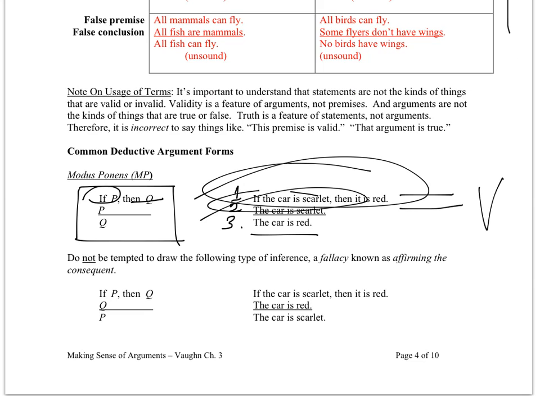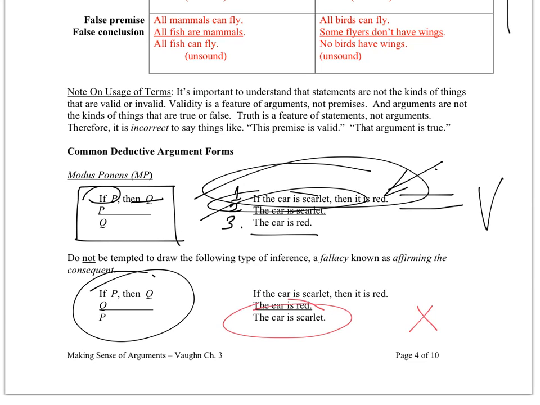So this is a valid argument form, and it's somewhat similar to this other argument form, but in this other argument form, the conclusion doesn't follow from the premises. So in this case, what you have is a statement of the form, if P, then Q. So if the car is scarlet, then it is red. It's exactly the same as in the example above.